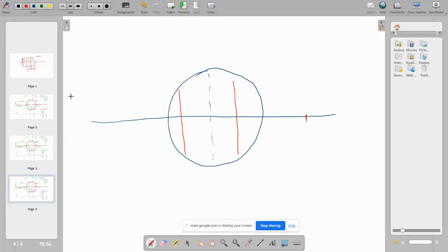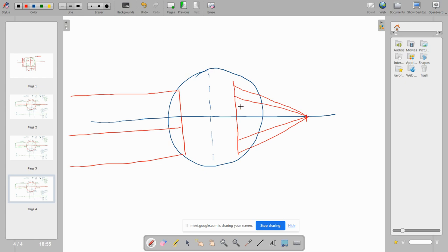Now the parallel rays which are coming like this are focusing at this spot. No doubt. They focus like this, and actually inside it will be something different, so I just put it.